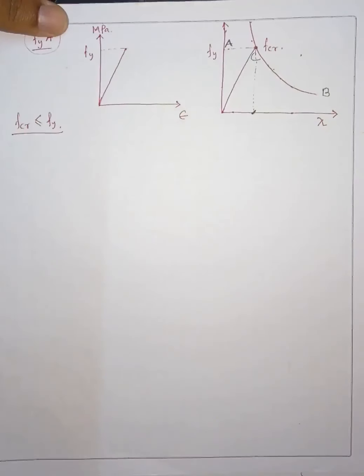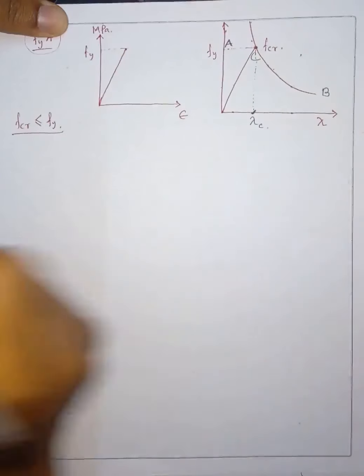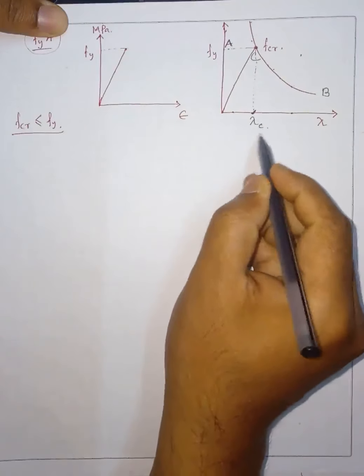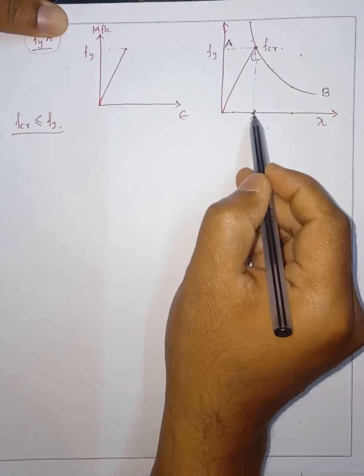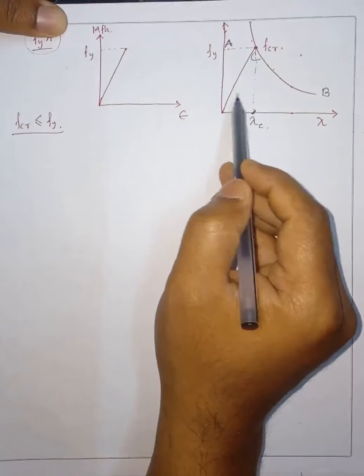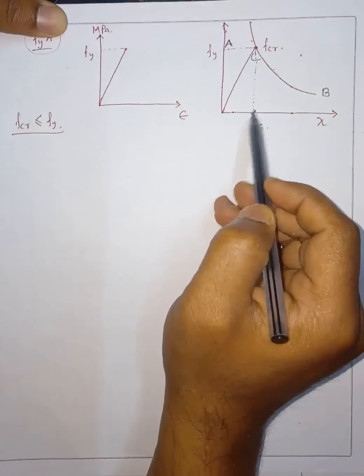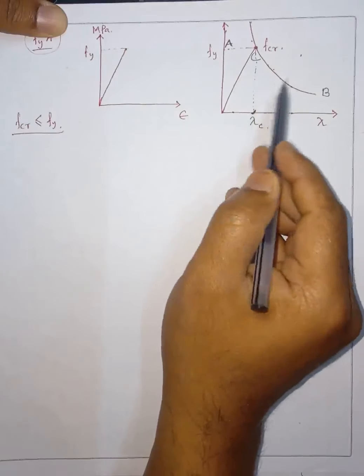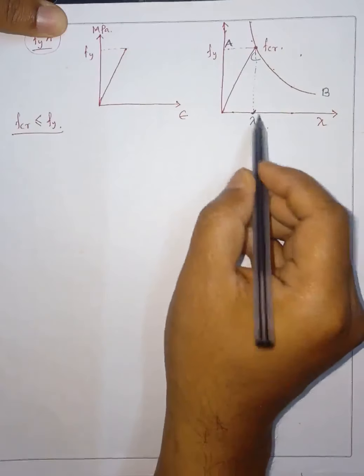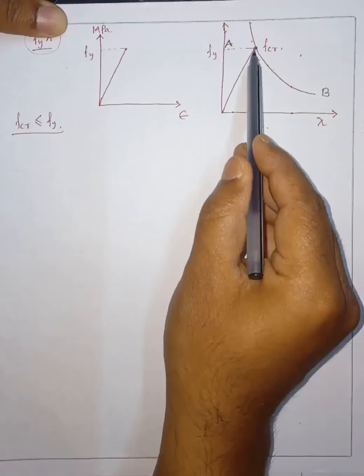Now this lambda is denoted by lambda c. So how can we represent this lambda c? This lambda c is the changing point. Before this it is failing by material failure, and above this it is failing by geometric failure. At this slenderness ratio, the stress is equal to Fy.